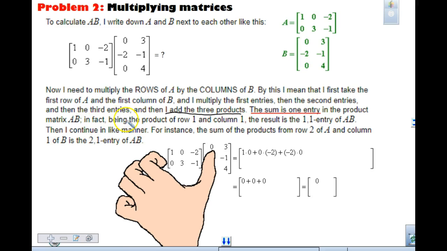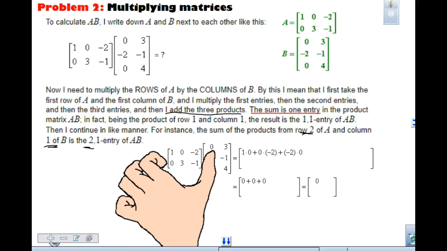It then says, in fact, being the product of row 1 and column 1, the result is the one entry of AB. Then I continue in this manner. For instance, the sum of the product of row 2 of A and column 1 of B is the 2 entry in AB. So as you look at this, we're going to kind of go through and do this one.